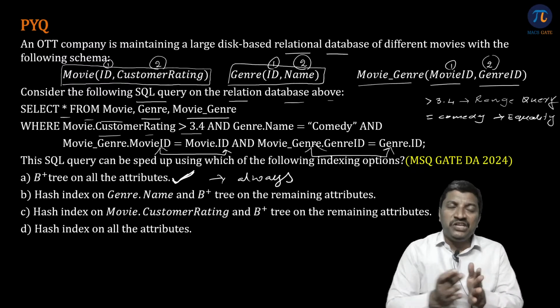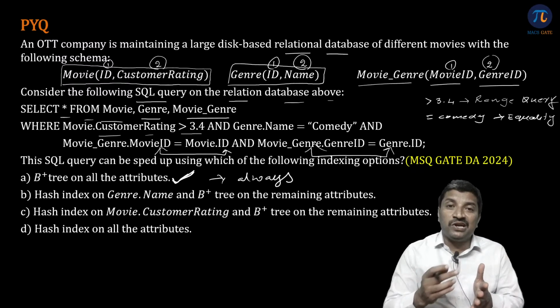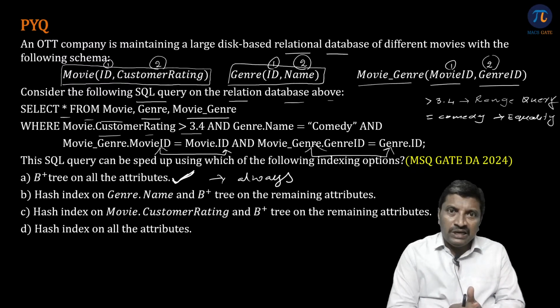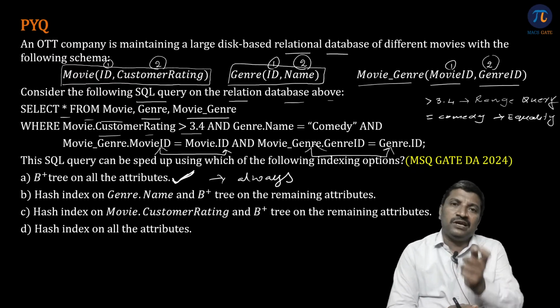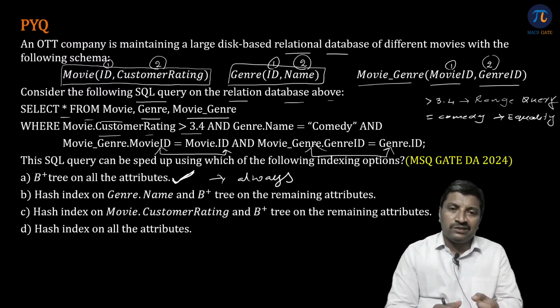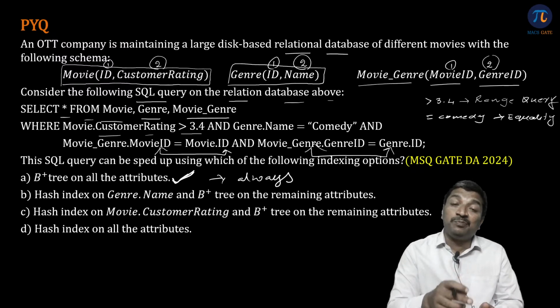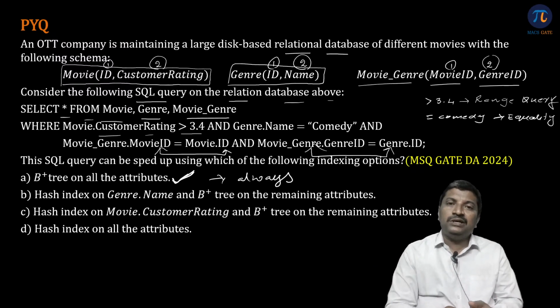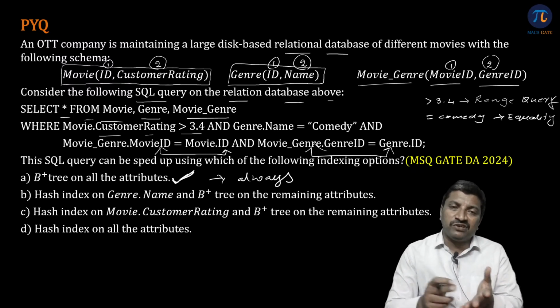And in DBMS, we have not discussed hashing techniques. But what is the main specialty of hashing techniques, sir? Whenever I want to find a key, simply I need to apply the mathematical function. Then I go to the table slot and find the address. So in hashing, the search cost equals order of 1. But this is applicable only for equality, sir. Suppose I want to find the address of 22. Apply hashing for 22.